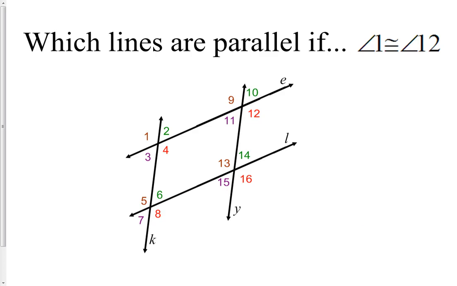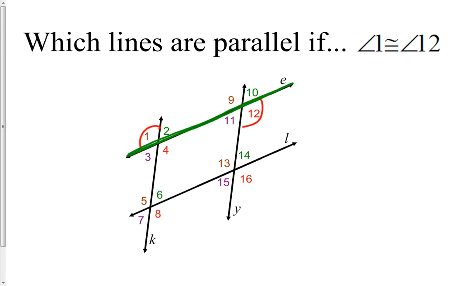We finished the video lesson with 3 problems that look like this. If angle 1 is congruent to angle 12, which lines are parallel? Which lines can we prove to be parallel? Well, if 1 is congruent to 12, they would both have 1 arc. We can say that line E is the transversal.